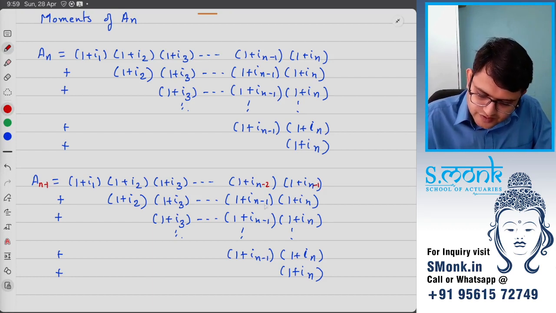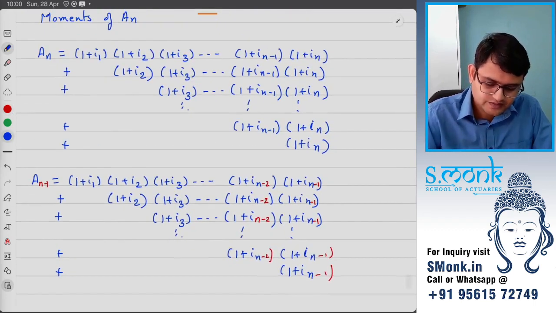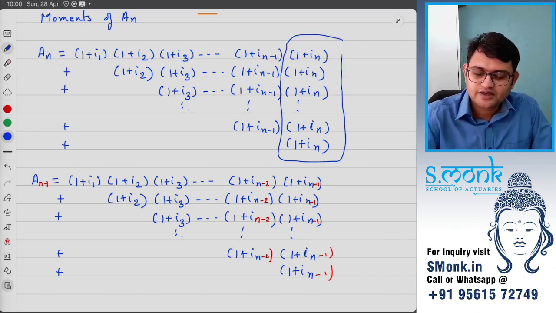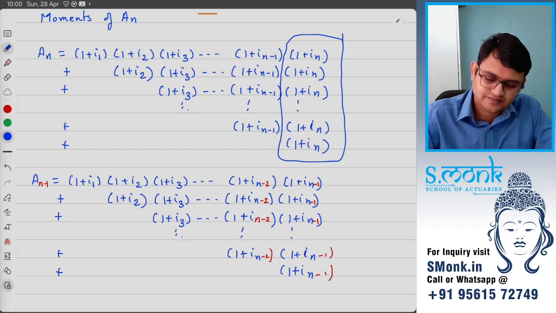That's the only difference. This is how we write A_{n-1}. If I compare, the only difference is that the (1 plus i_n) term has been removed. The rest is exactly the same.